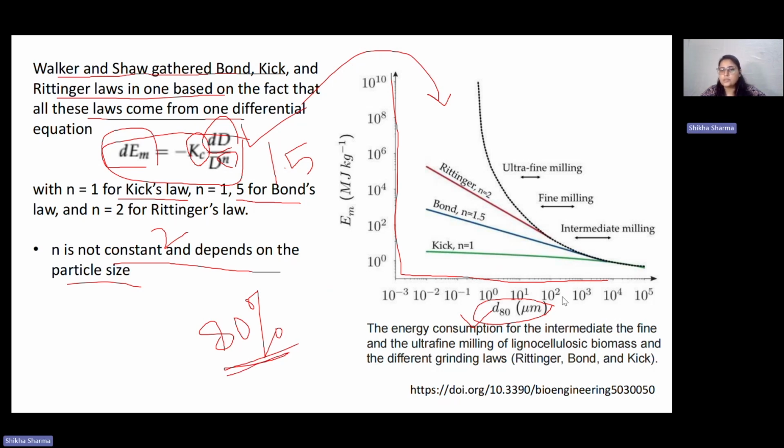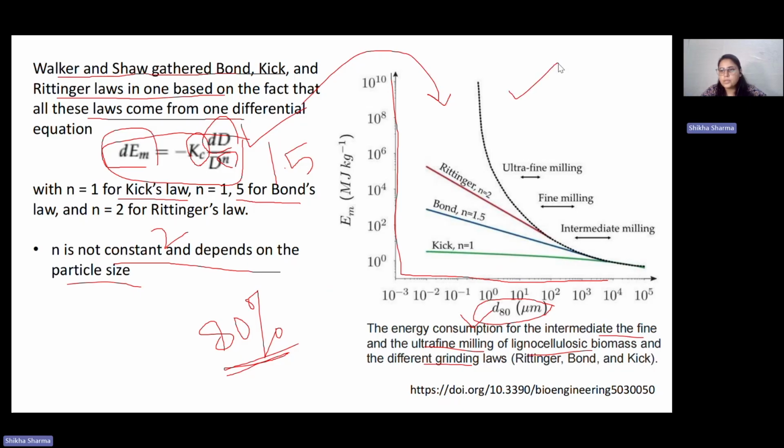The energy consumption for the intermediate, fine, and ultra fine grinding of lignocellulosic biomass is put under the different Rittinger's, Bond's, and Kick's laws in this graph.